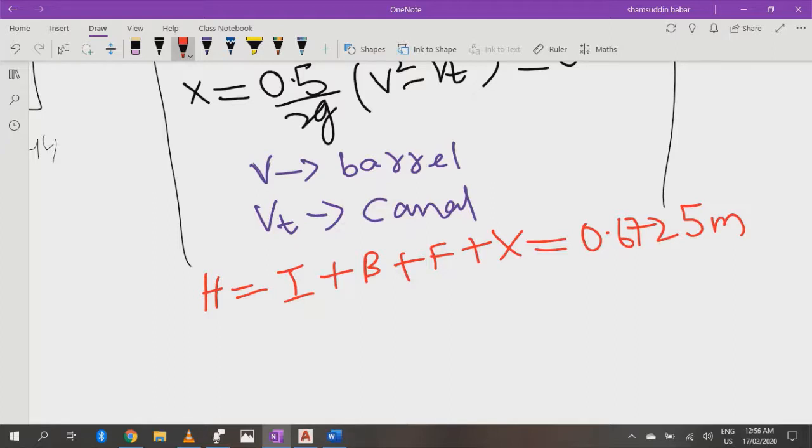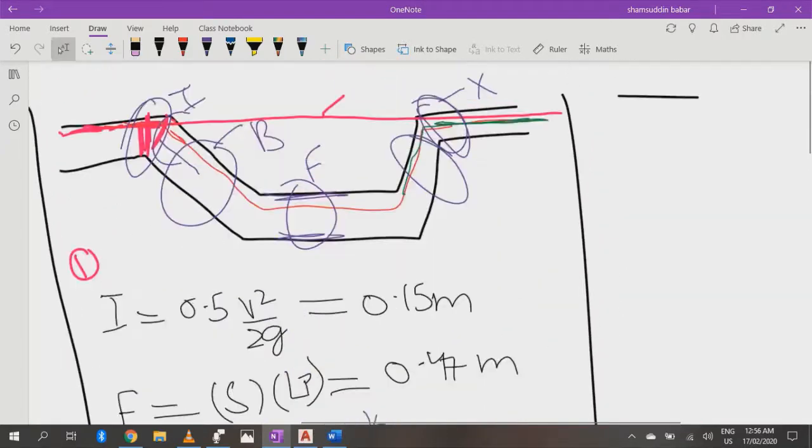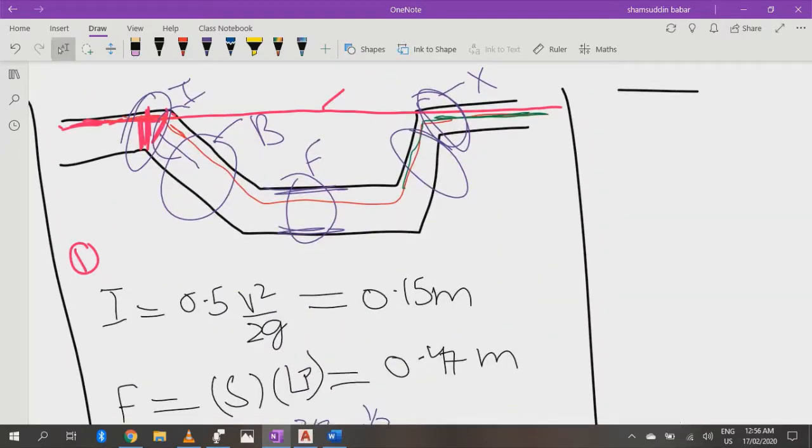And now it's time to calculate my full supply level of canal on downstream side. What I mean is that when the water leaves here, what will be this level?